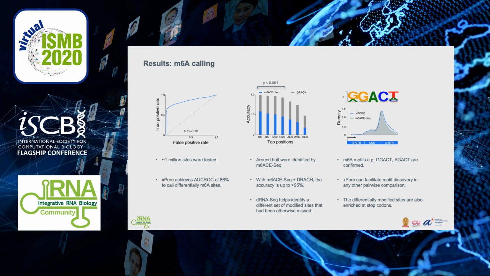These results assure us that Explore can perform an unbiased search for differential modifications with high accuracy among the top-ranked positions. What's next is the accuracy of the estimated modification rates.